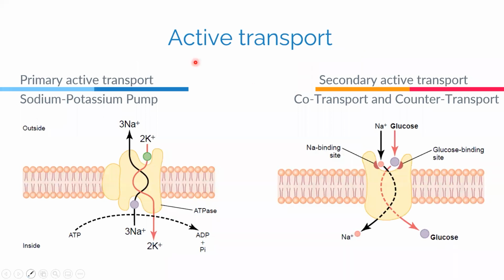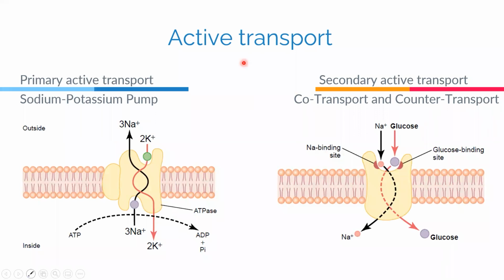So next we move on to active transport. Active transport is the last of the membrane transport phenomena that we are going to look into. Active transport is the transport of a particular substance or molecule against the concentration gradient.